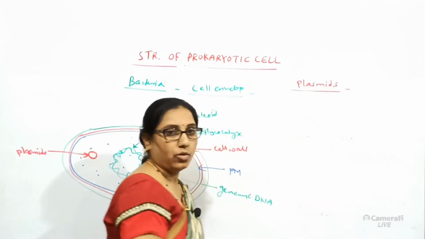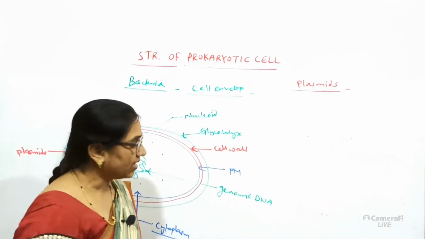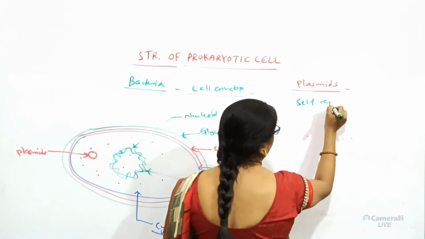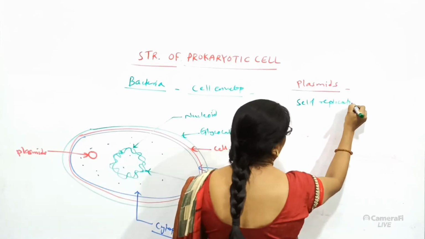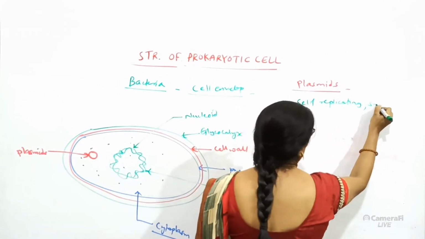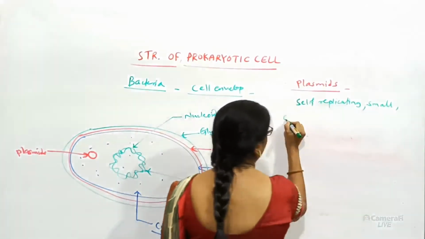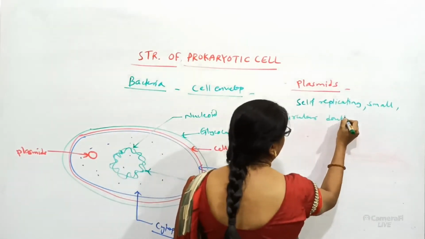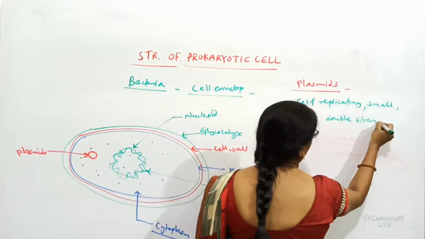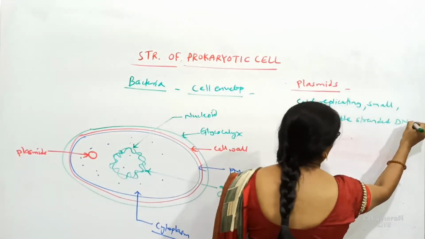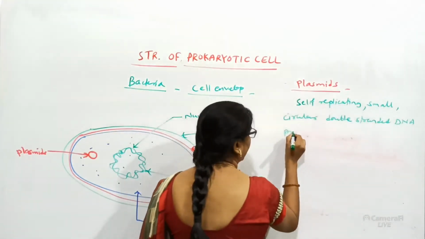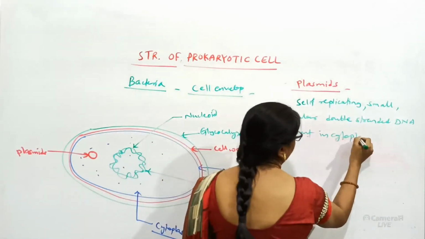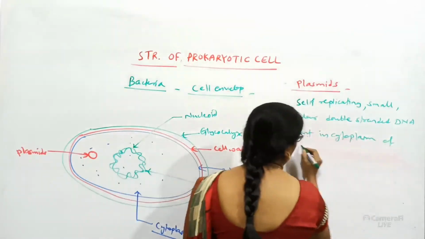Plasmids. Now, what are plasmids? Plasmids are self-replicating, small, circular, double-stranded DNA present in the cytoplasm of the bacterial cell.